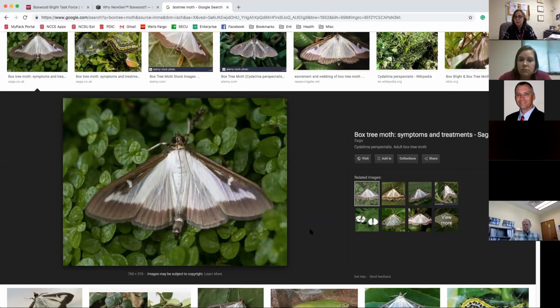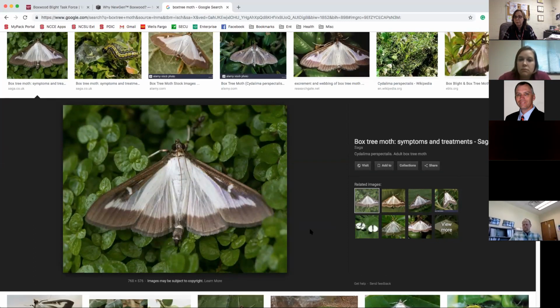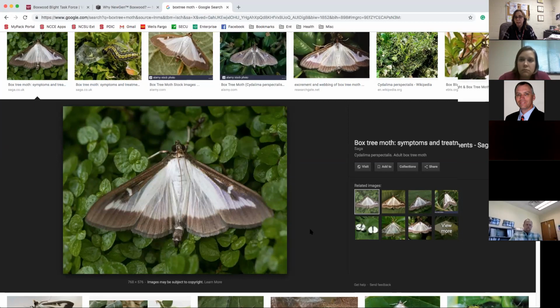Recently it was found in, I believe, Ontario, Canada, but it hasn't been found in the United States yet. And they haven't found a population of it in Ontario. They've just found one or two moths here or there. But it always is a good idea to keep an eye out for things.